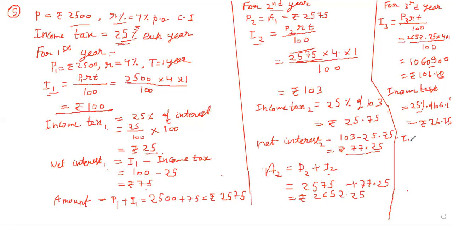It will be deducted to find the net interest: 106.10 minus 26.75, which on subtracting is rupees 79.35. This will be added to the previous amount to get the final amount which he receives: 2,652.25 plus 79.35.